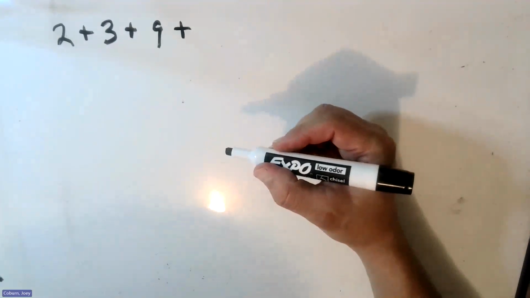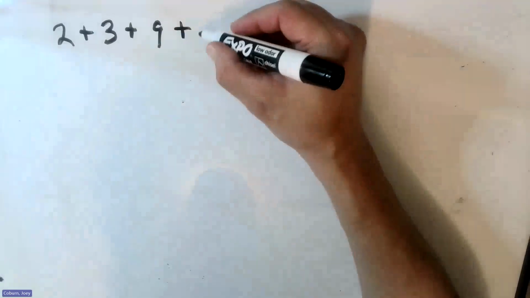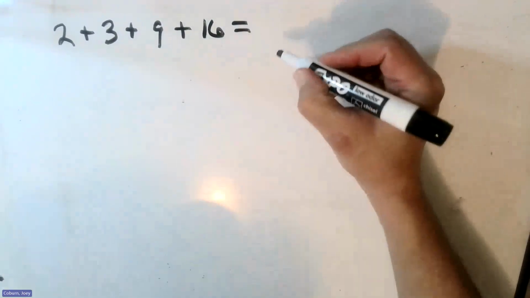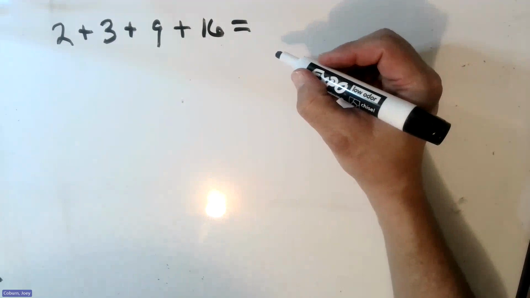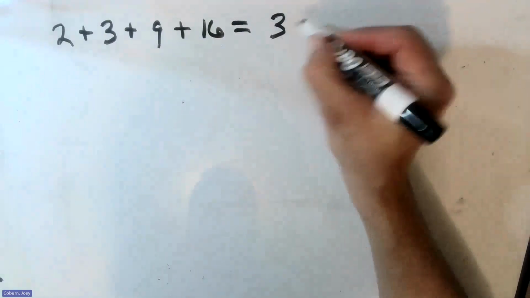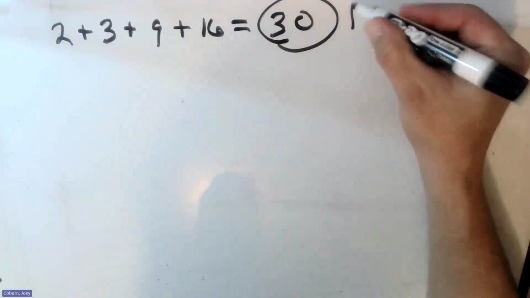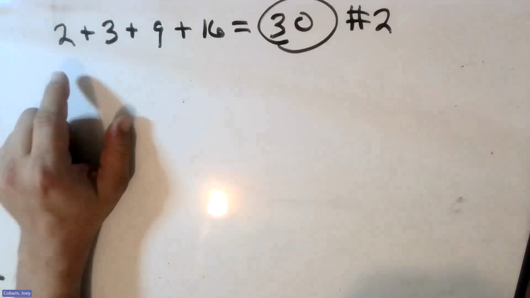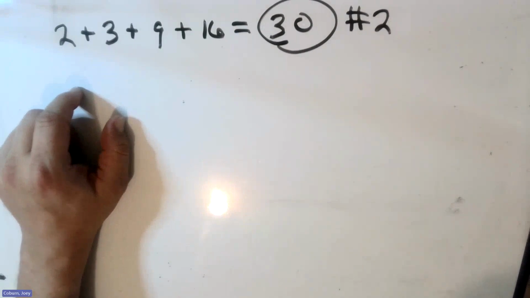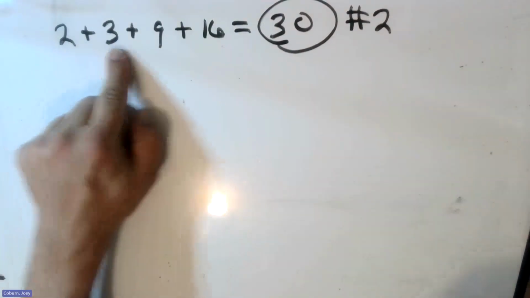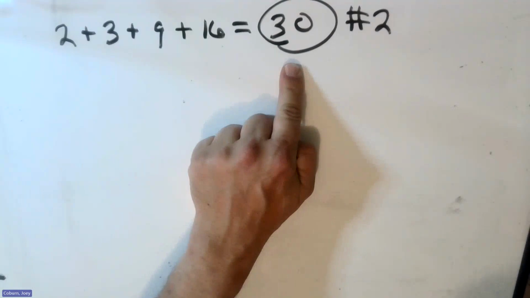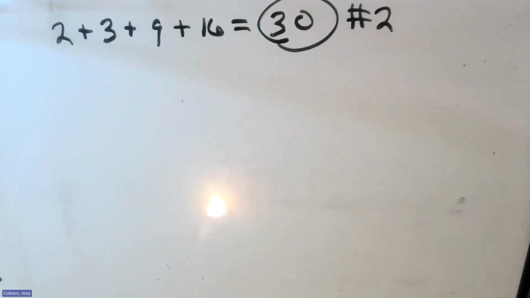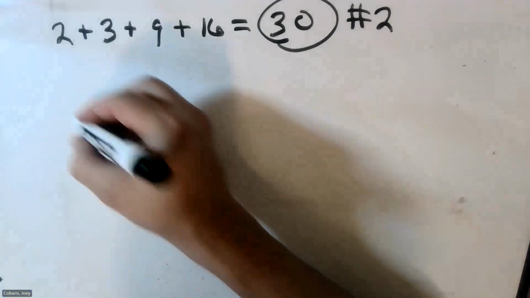And then a balance of $416 for 16 days. If we add up the total number of days, it's going to come out to 30. And this is what we want for step number 2. So if you go back to step number 1, you look for the days, the number of days. Just add the 2, the 3, the 9, the 16. That'll give you the 30 days total, and that's number 2.